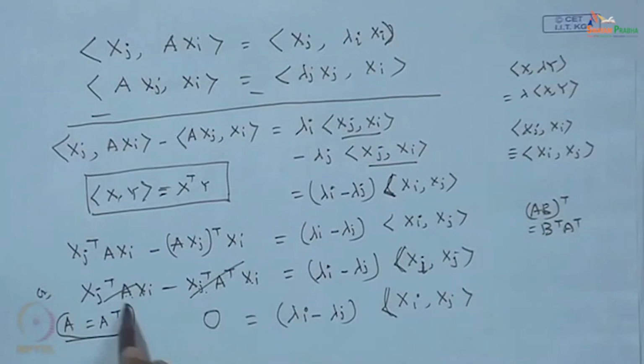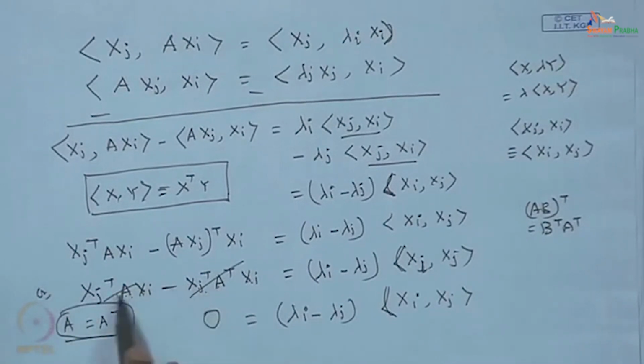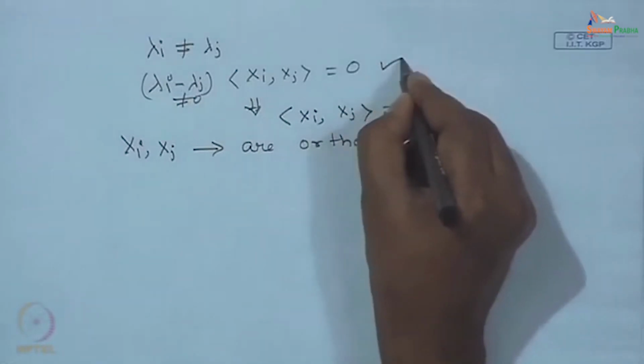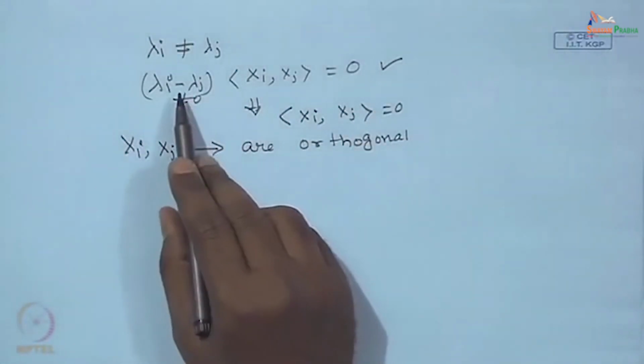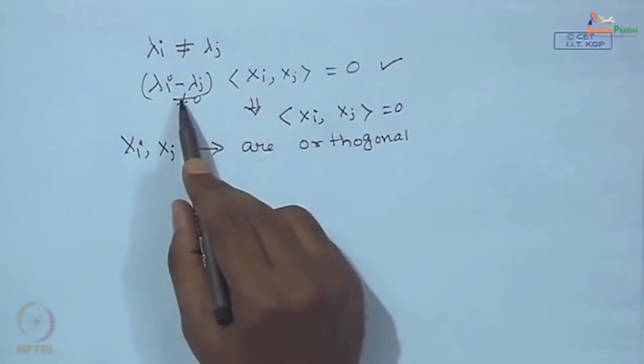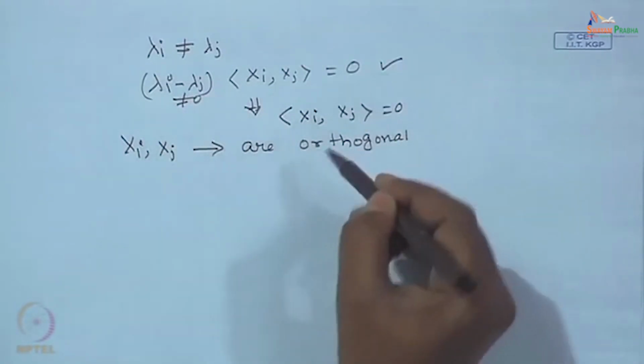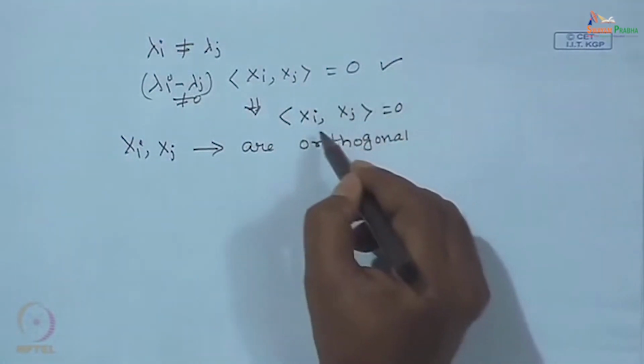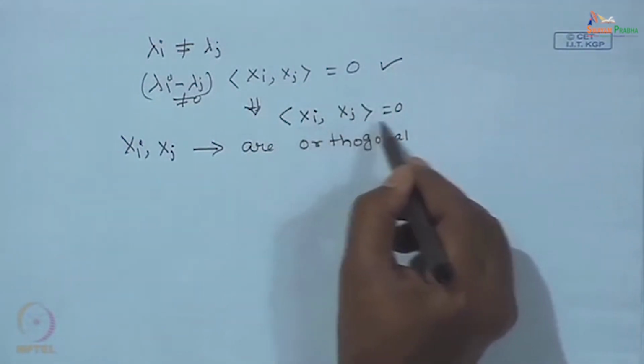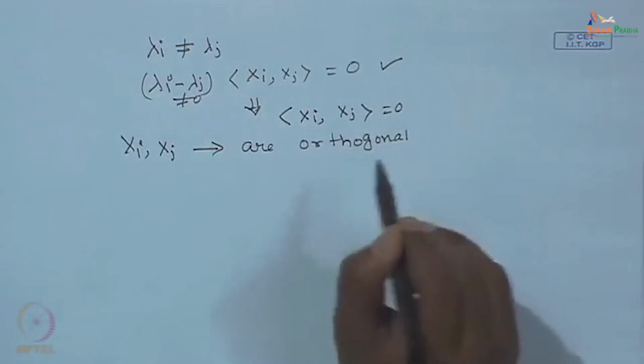Since A is a symmetric matrix, these two quantities become identical and they will be subtracted. So, this whole left hand side will become 0 and you will be getting this equation. Since lambda i and lambda j are distinct, their difference will not be equal to 0. So, in order to satisfy this equation, the inner product between x i and x j must be equal to 0. So, they are orthogonal to each other.